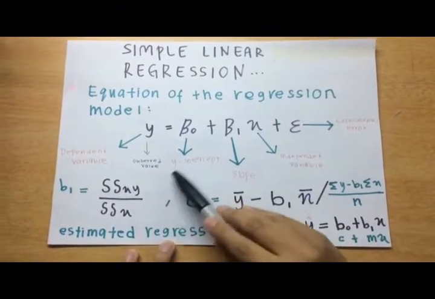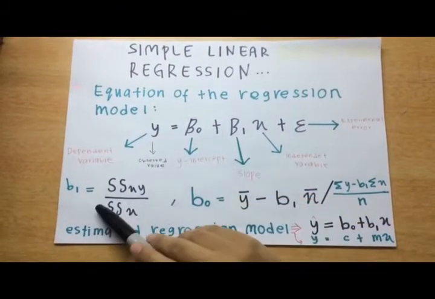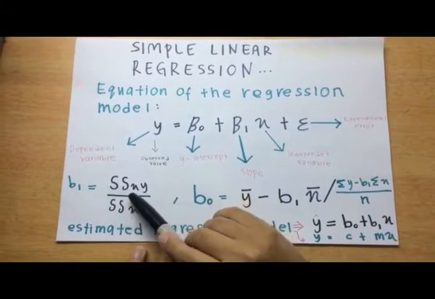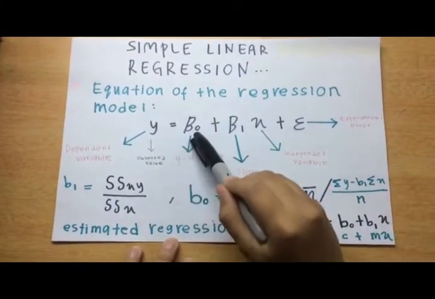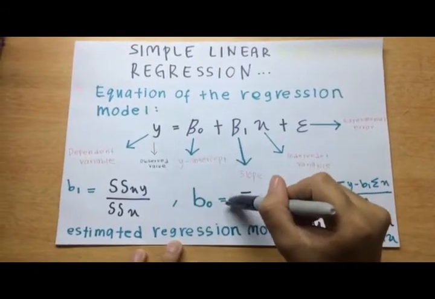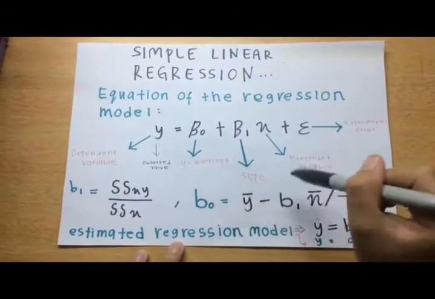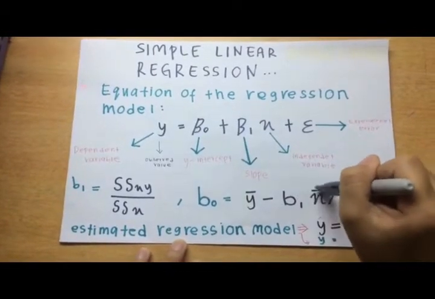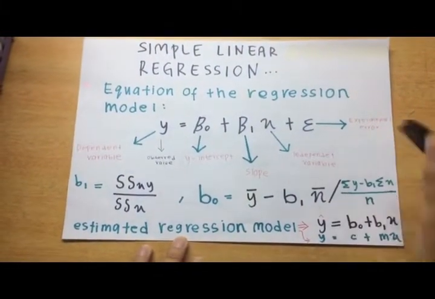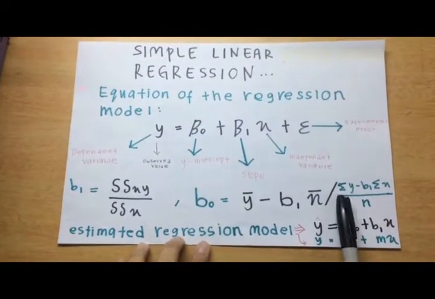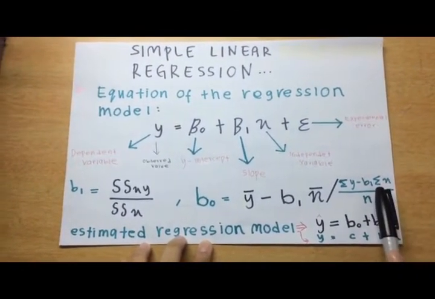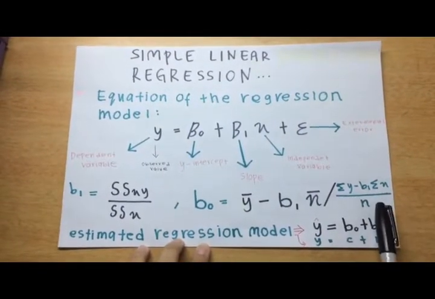For this question, to find B1, the formula is SSXY divided by SSX, and for B naught, mean of y minus b1 multiplied by mean of x, or we can find it by the formula summation of y minus b1 multiplied by summation of x, divided by n.